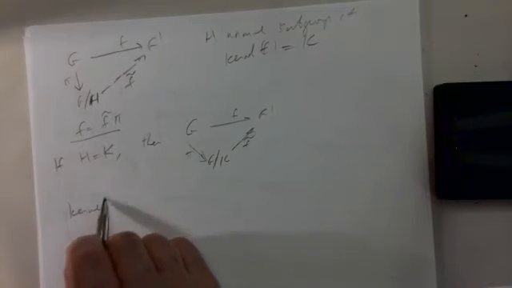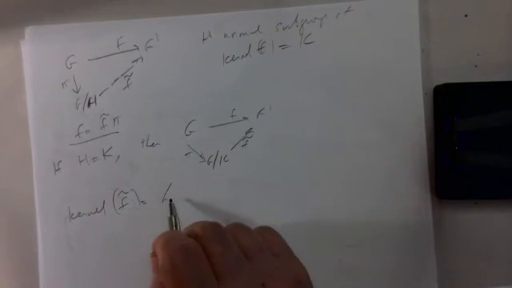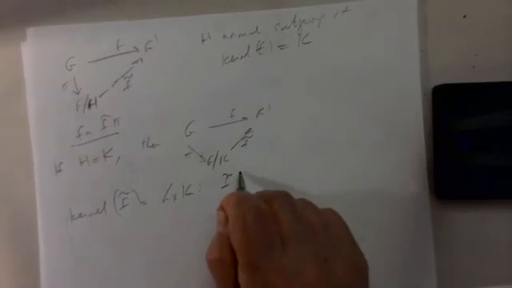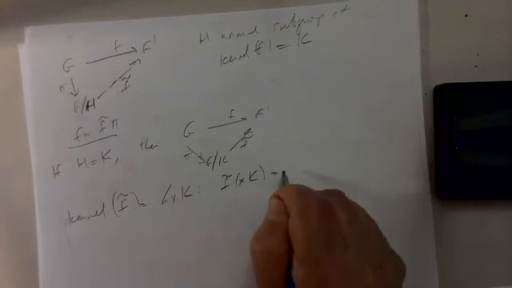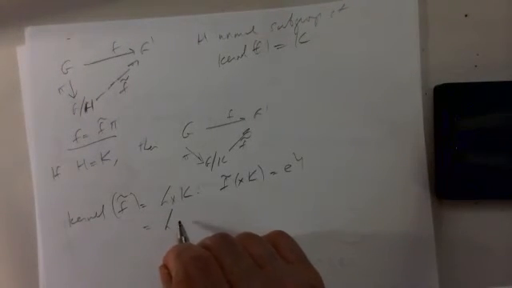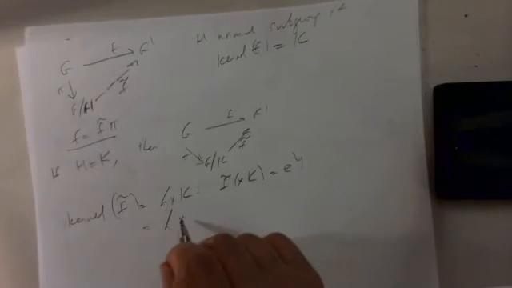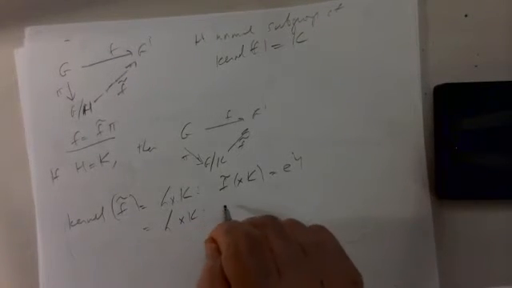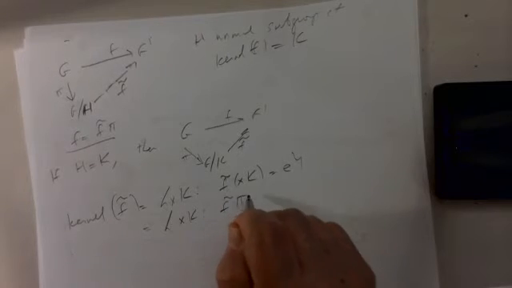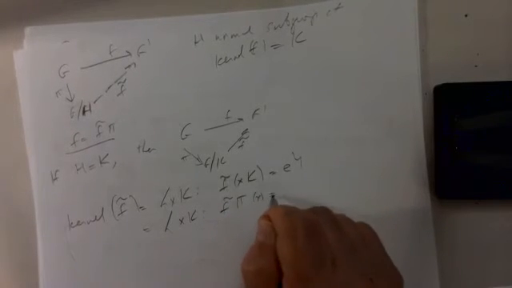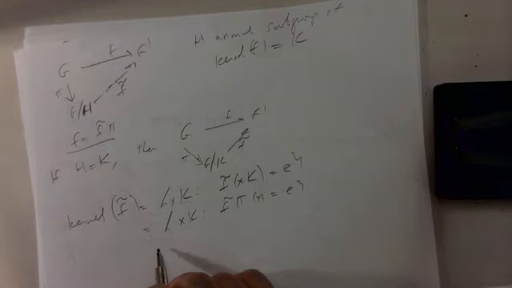Right. So the kernel of F tilde is all the cosets xK such that F tilde of xK is equal to the identity in G prime. Which is the same as all x such that F tilde pi of x is equal to the identity.